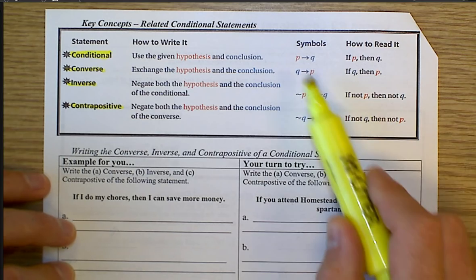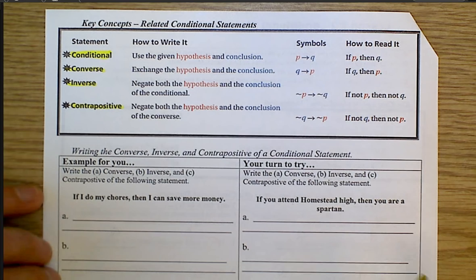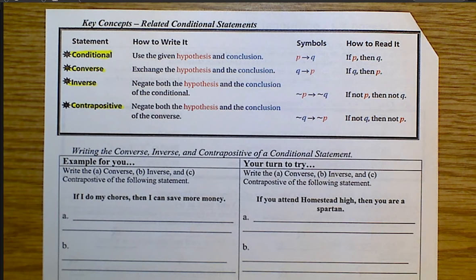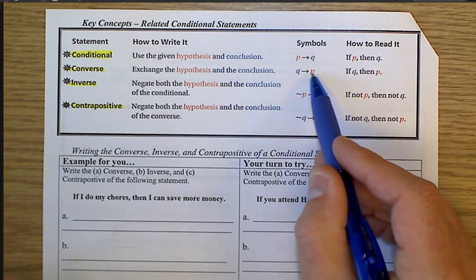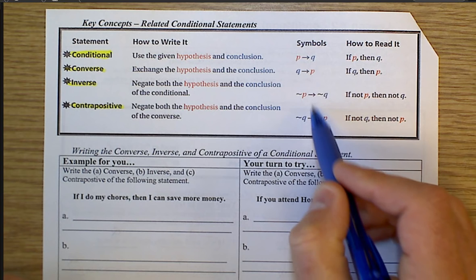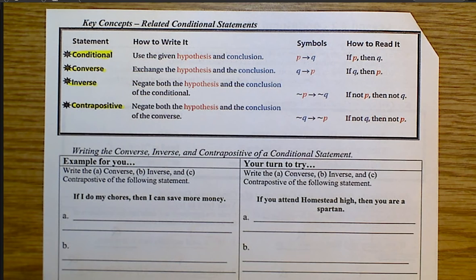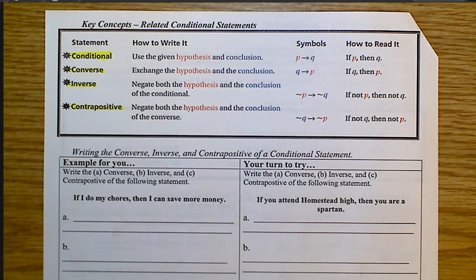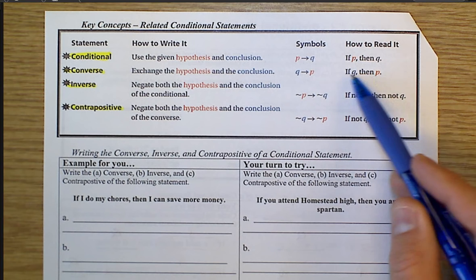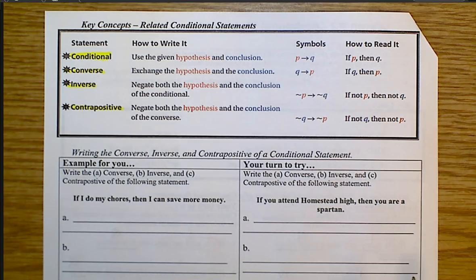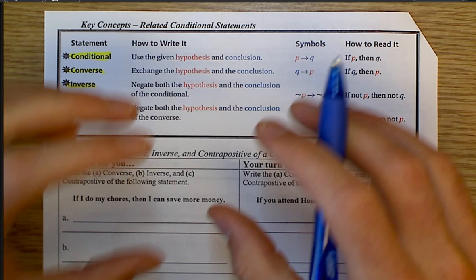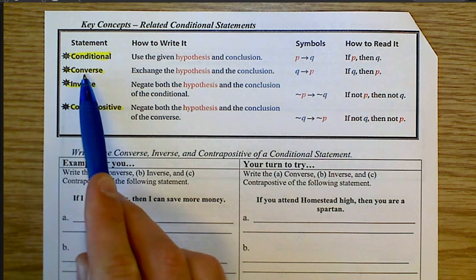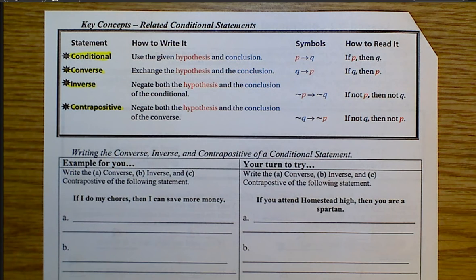What you're going to do is take your P and your Q and arrange your hypothesis and conclusion in different ways while still writing if-then statements. It's like taking puzzle pieces and rearranging them to fit the definitions of the converse, inverse, and contrapositive. I'll show you how it works.